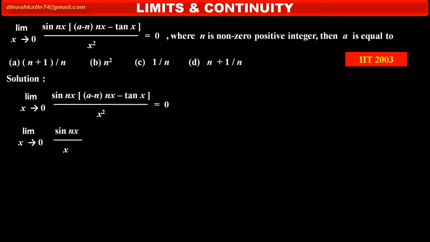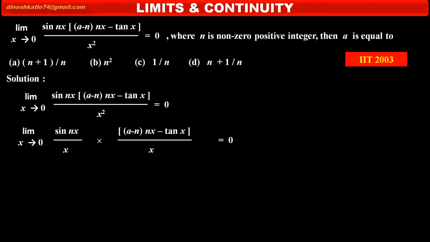So we can write limit x tends to 0, first factor sin nx upon one factor of the denominator x, into the second factor of the numerator, a minus n into nx minus tan x, upon the remaining factor of the denominator x, is equal to 0 as it is.